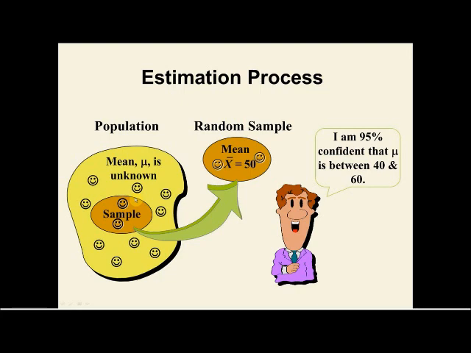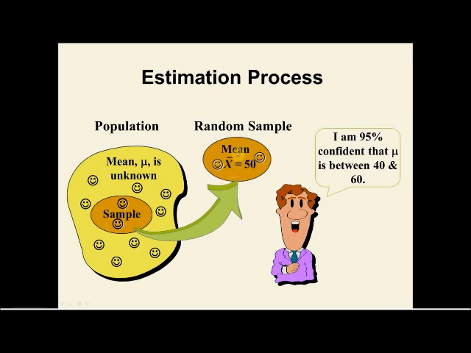How good it is is really what we care about. In other words, how accurate it is. It obviously has something to do with how big the sample is, but it also has to do with a number of other characteristics and issues that we'll talk about. So there are a couple of important points to point out here. One, the sample is a subset of the population that we can observe.